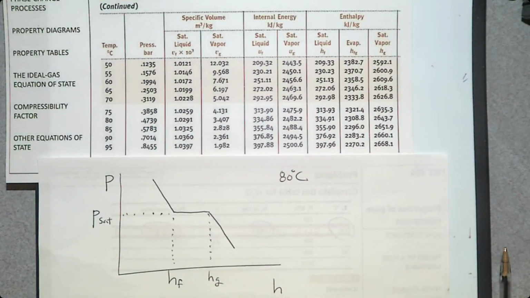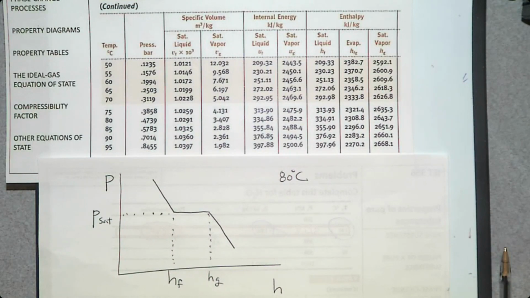Why do we use the temperature table rather than the pressure table? Because this is the property that we know. Since we know the temperature, you go to the temperature table. If you know pressure, you go to the pressure table. To make this Ph diagram, we need to know the temperature, so you go to the temperature table.